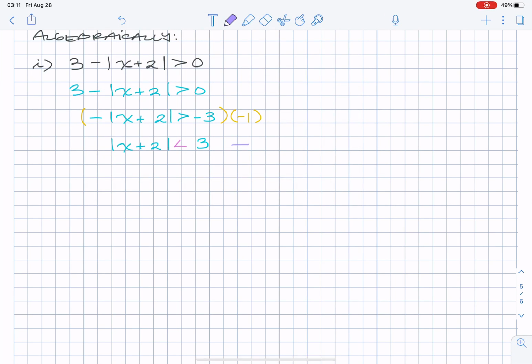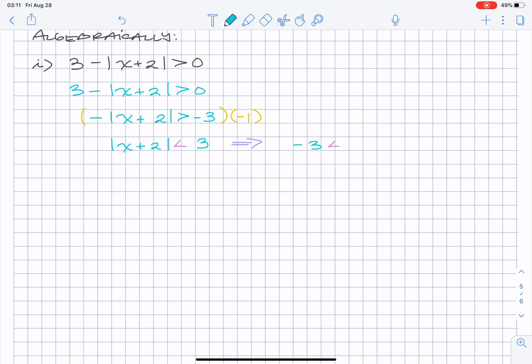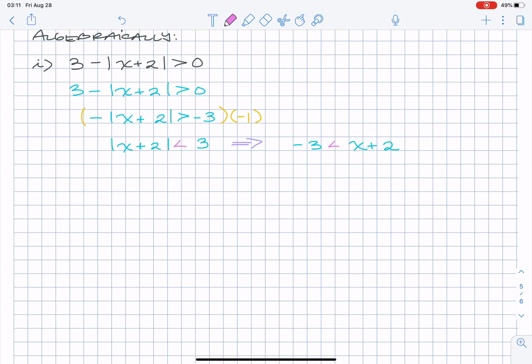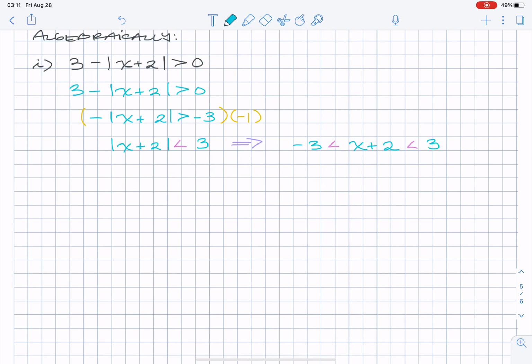Okay, so once we have the inequality isolated, we can put negative 3 with the inequality on the left, same inequality. Then without absolute values, I put x plus 2, keep the inequality again the same, and put positive 3 on the right.